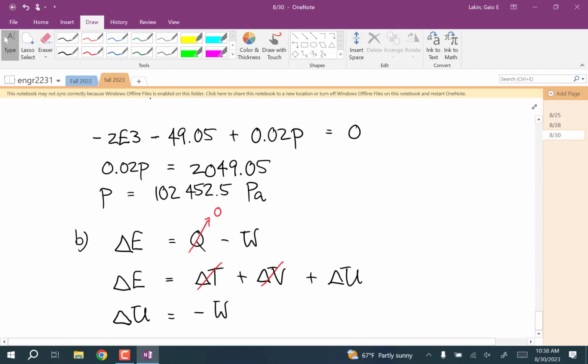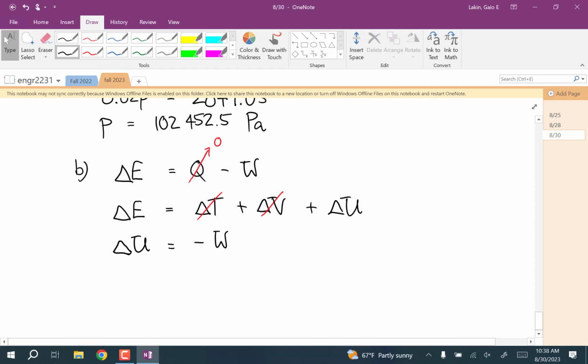We could calculate that as soon as we can calculate the change in extensive internal energy. So if we can calculate that work, we can get it.